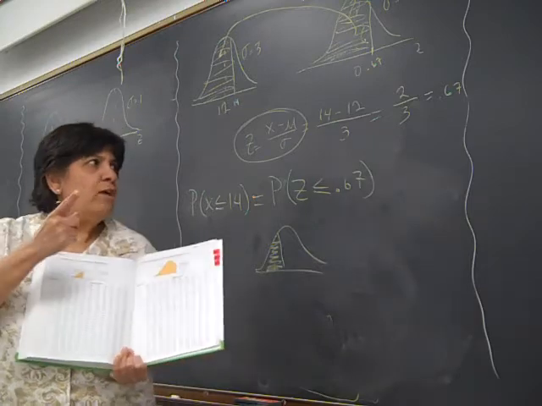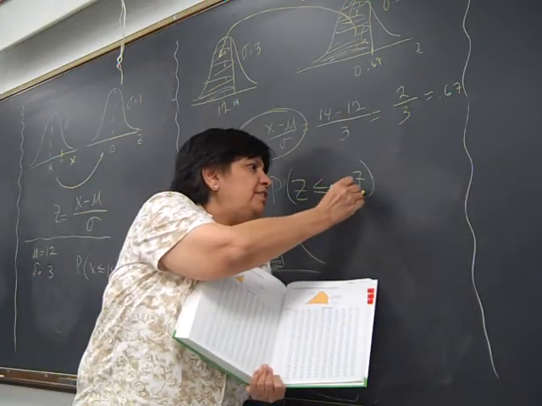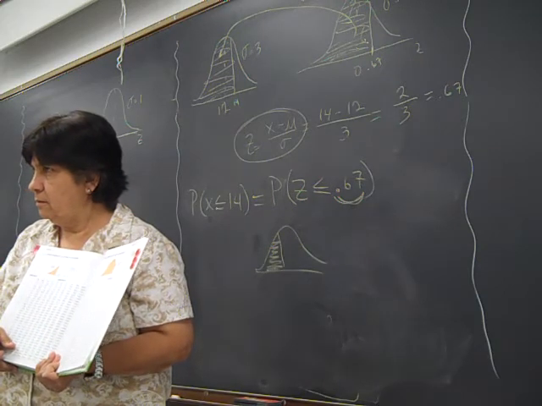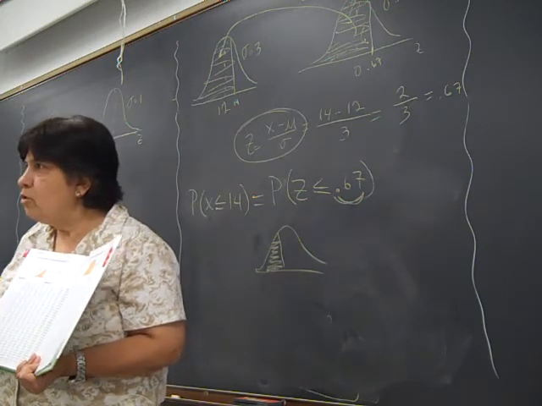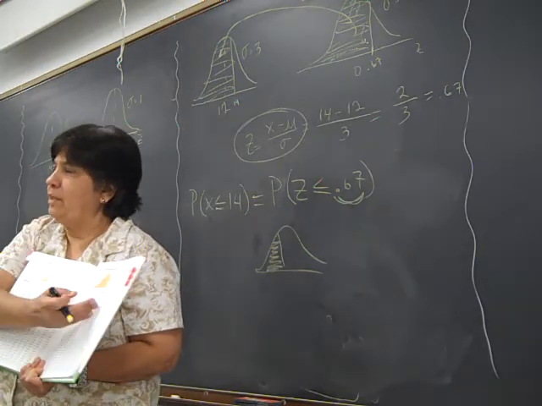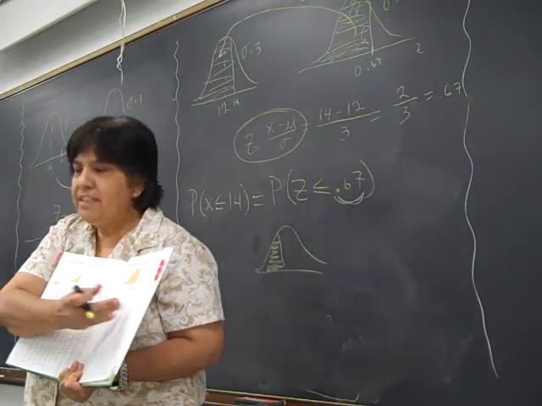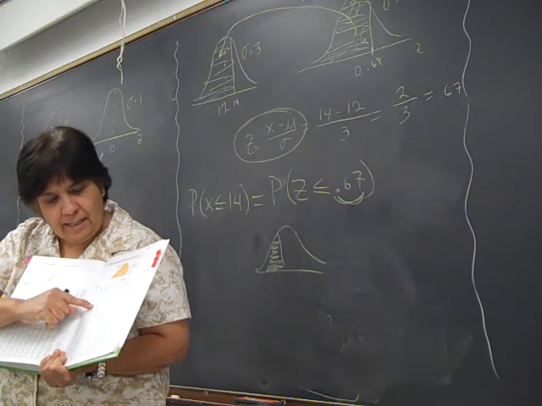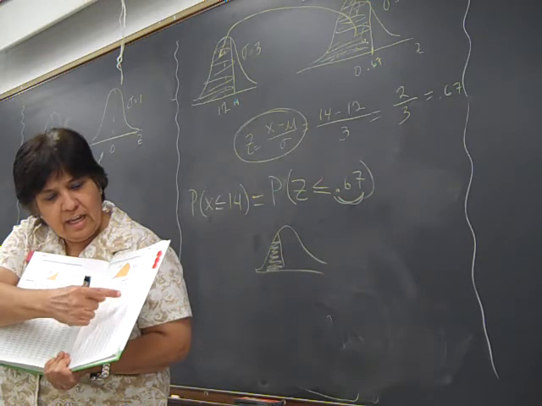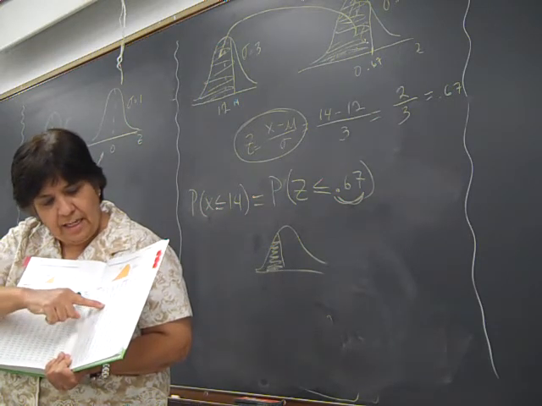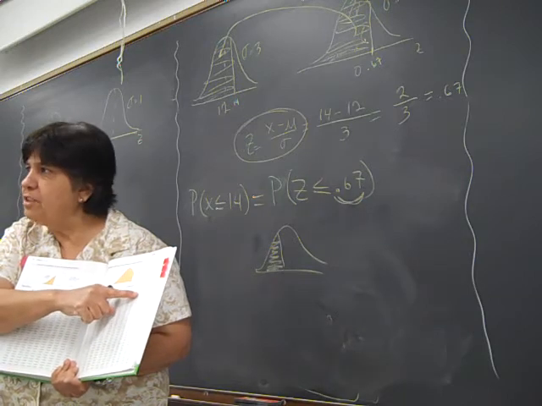Okay? So if I want to find the 0.67, what I'm going to look at is the right side. Why? Because it's a positive number. So I have to look for the 0.6 and then the 7, and then see what that number is: 0.06 and then below the 0.07.